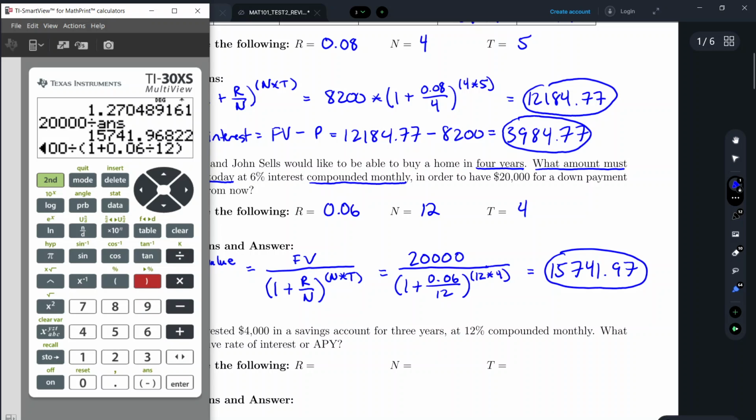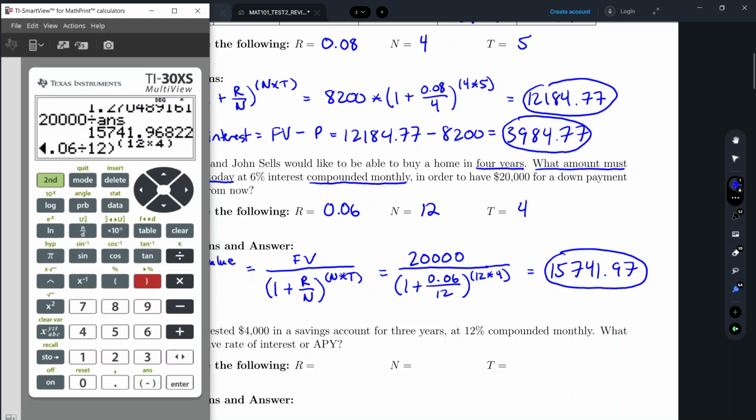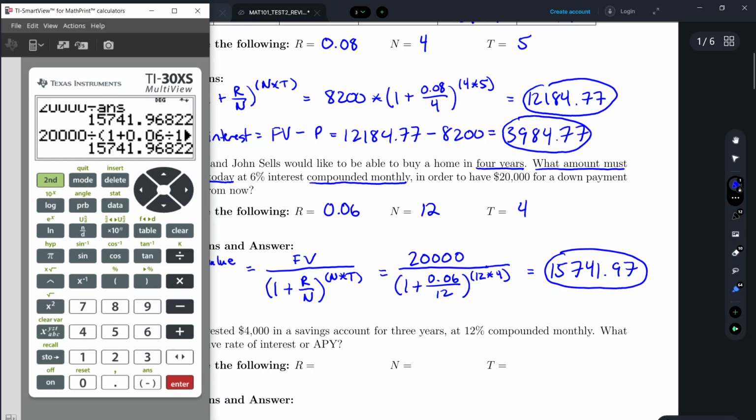Then here's the exponent, and then parentheses 12 times 4, close parentheses, and then check to make sure everything looks correct. And then we calculate it, and you can see again we get the same answer as before. Okay, so that's the answer for problem 2.